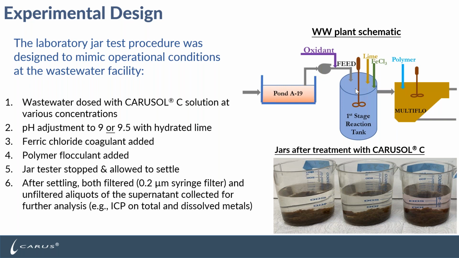Hydrated lime is added for pH adjustment, followed by ferric chloride coagulant, and flocculant. The flocculant is then added to flock and drop the solids in a multi-flow clarifier. In the jar test experiments, both filtered and unfiltered aliquots of the supernatant that we collected in the jars here were collected for further analysis of total and dissolved metals after the solids had settled.